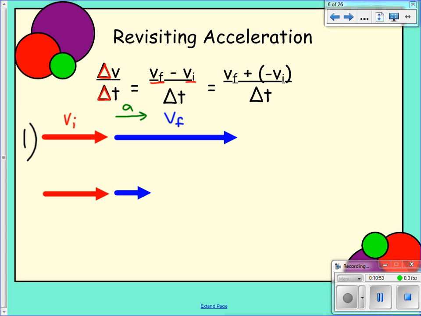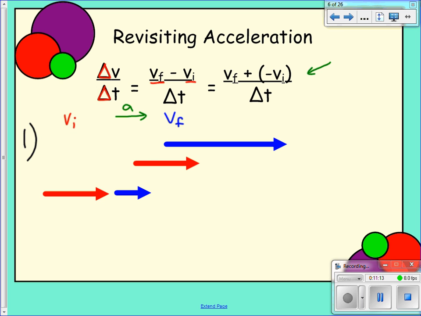Now, we've always accepted that, but I'm going to show you how we actually solve that mathematically. And we're going to use my vector addition that's up here. So what we're going to do is take my final velocity, which is represented by the blue arrow, and add to it the initial velocity. But notice the initial velocity has been turned negative. And if you remember anything about vector addition, we know that when you put a negative in front of a vector, it flips it.